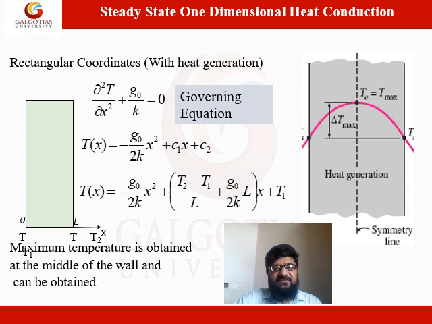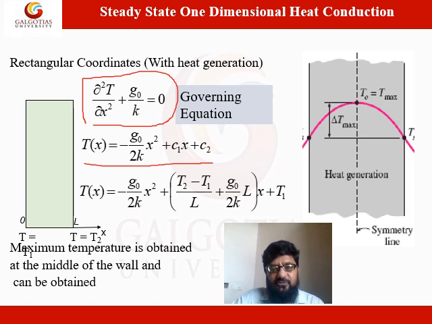In case of steady state one-dimensional heat conduction with heat generation, we will get this governing equation, and similarly we will solve it by integrating twice with respect to x.